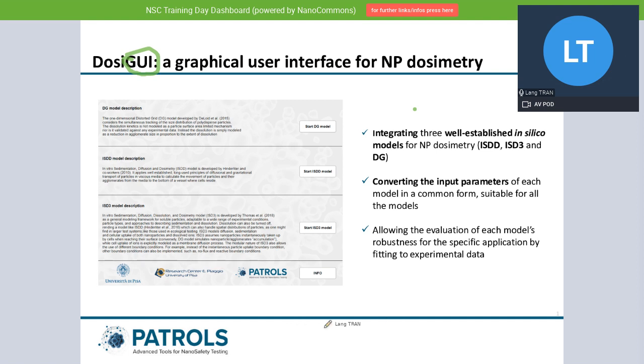And once you set that, then it will allow the evaluation of each model's robustness for, as I say, the specific application by fitting that to the experimental data that the experimentalists generate.